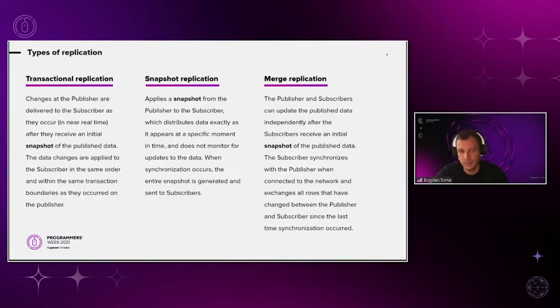From time to time, a new point-in-time version of the data is moved, so it is not always up to date. We then have merge replication. This one is a little bit more complicated. For merge replication, data moves both ways. In the other two types of replication, the data flows from publisher to subscriber; here, the subscriber can update the publication as well.